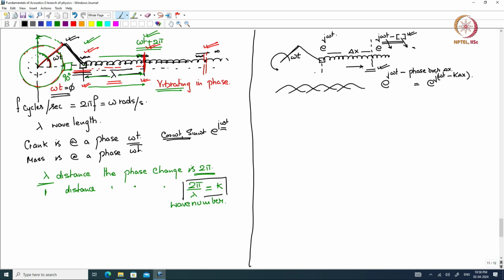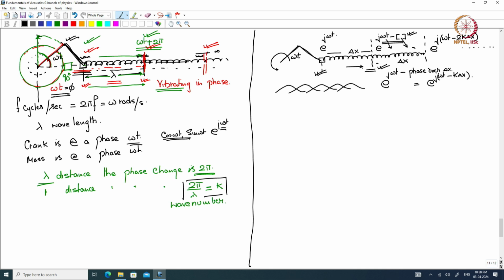So, this point will see the information right away because it is hardwired to the crank. This point will see it a little delayed. If we have another mass further apart, let us say this is another delta x, then it will have a description omega t minus twice k delta x and so forth. Okay.